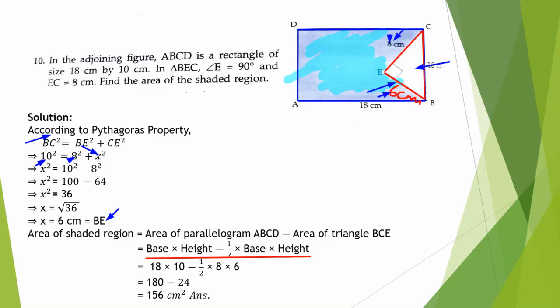So it is 18 into 10, the area of rectangle or area of parallelogram, whatever you say. And triangle BCE is half into base into height, so half into 8 into 6. As I told, base and height are 8 and 6. So it is 180 minus 24, that is 156 centimeter square. So the area of the shaded region in this figure is 156 centimeter square.